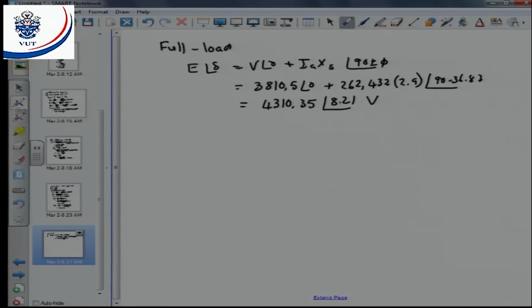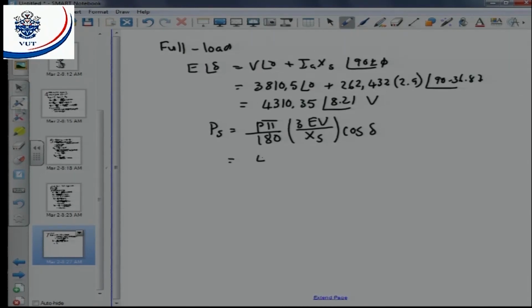The synchronizing power is P pi over 180, 3 times EV over XS cos of delta.